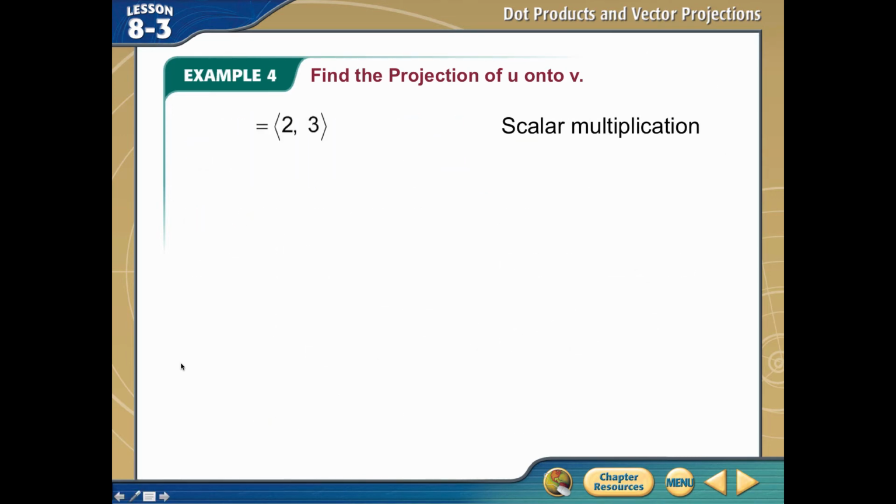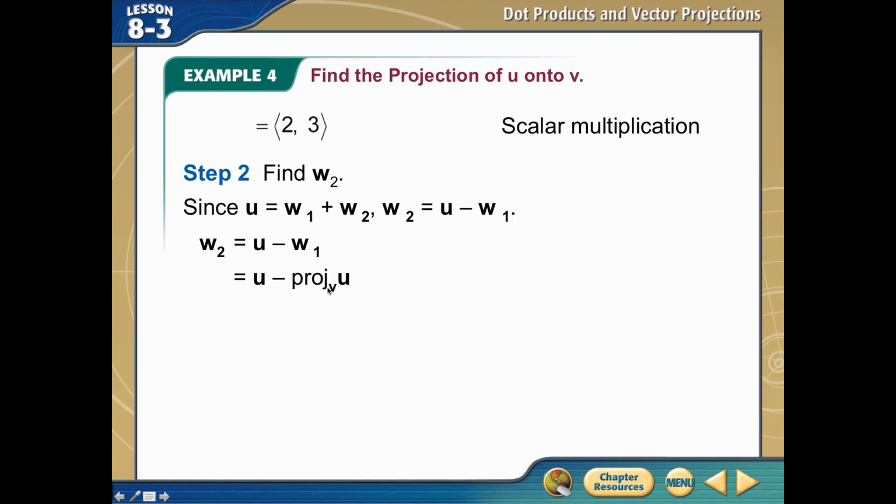Now 2, 3 is the projection of u onto v. That's what you found. So remember, your original vector u is w1 plus w2. Those are the two orthogonal components. So if you have to find the second component w2, just subtract w1 from each side. w2 is equal to u minus w1.